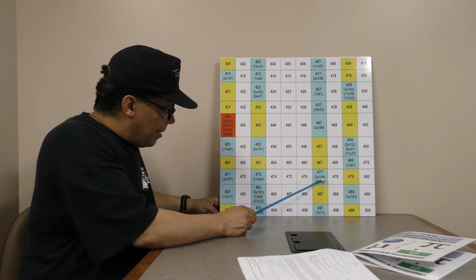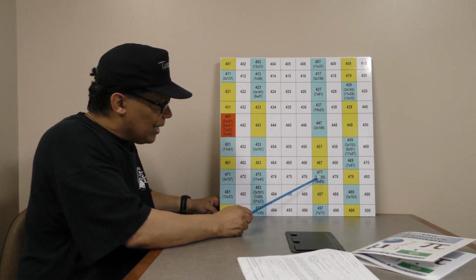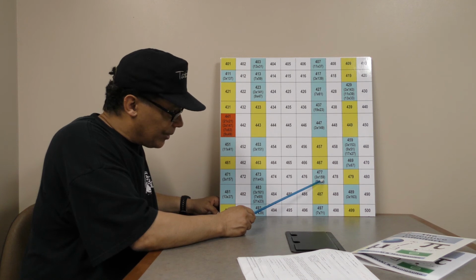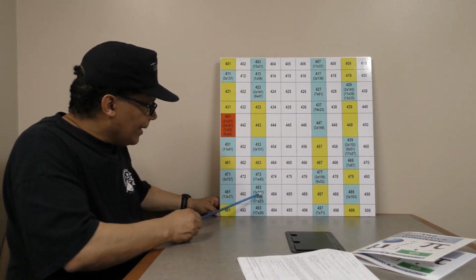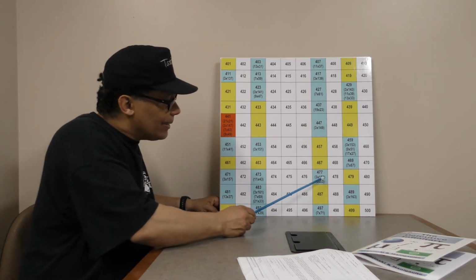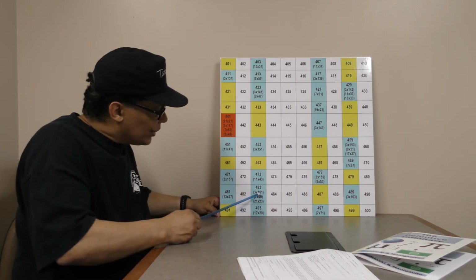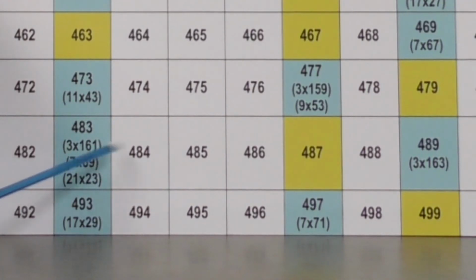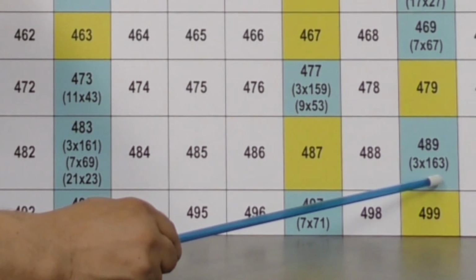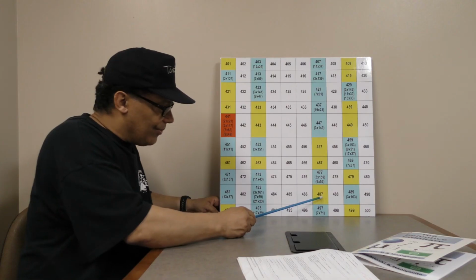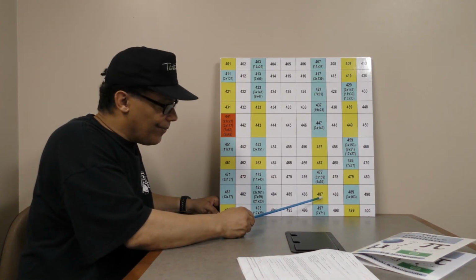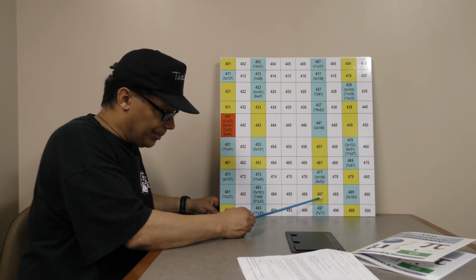3 times 159 produces 477. 3 times the very next cynosure number, 161, gets us over here. And you can see what's happening. 3 times the cynosure number after 161 is going to get us here. So we've gone past 487. So 487 is prime possible.